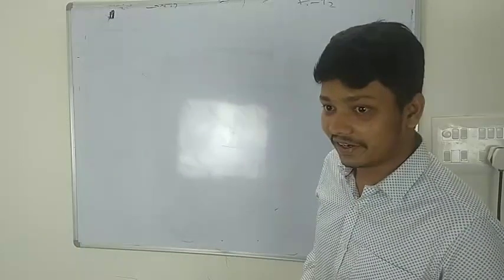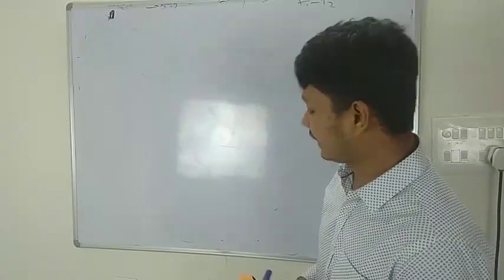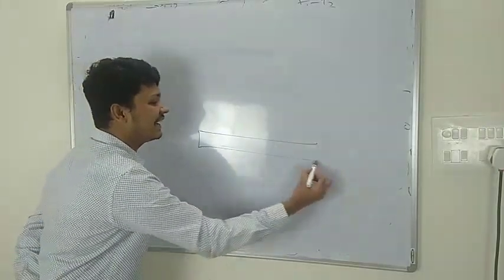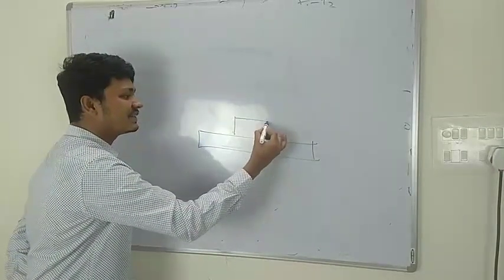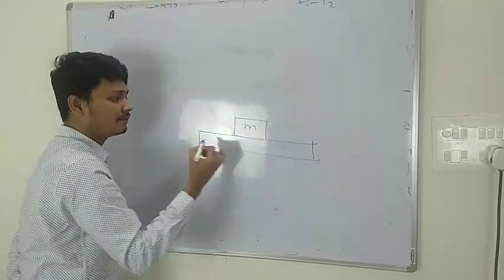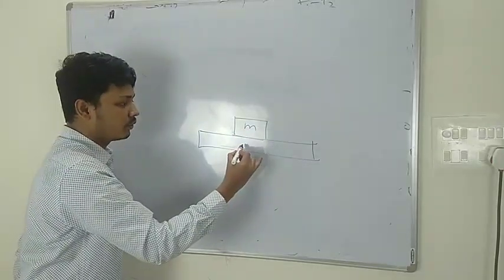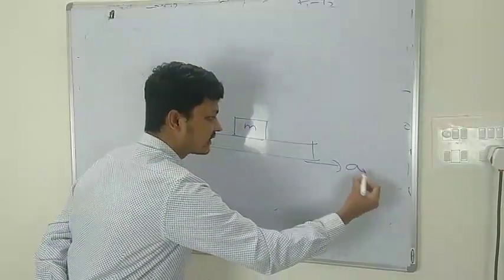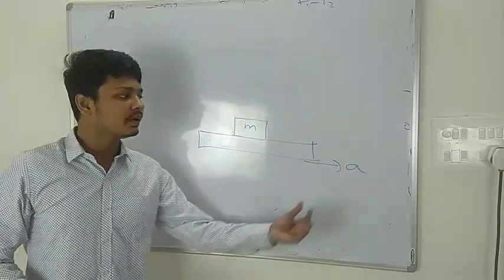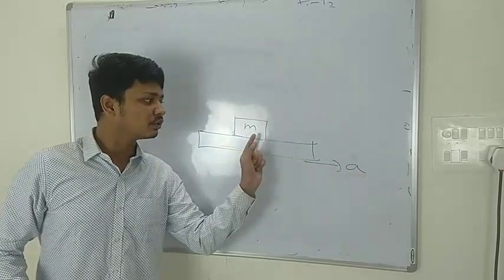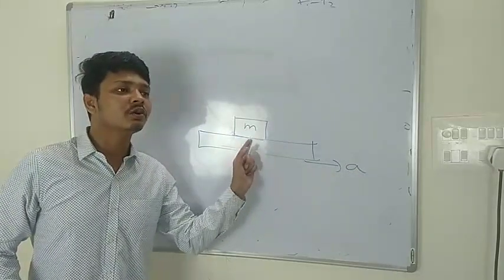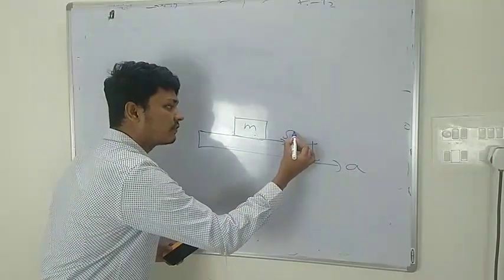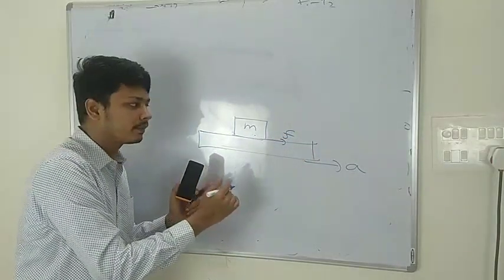So question number 19 we are discussing. In question number 19, there is a block of mass m on a plate, and the plate is moving with an acceleration a. What should be the minimum value of acceleration so that there is no relative motion? For this block to move forward, friction gives the force.